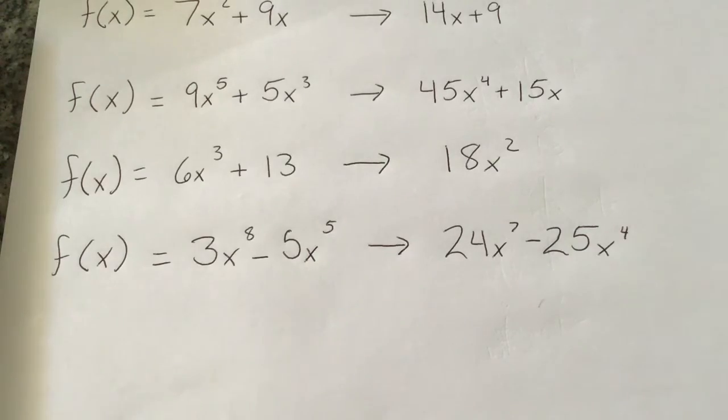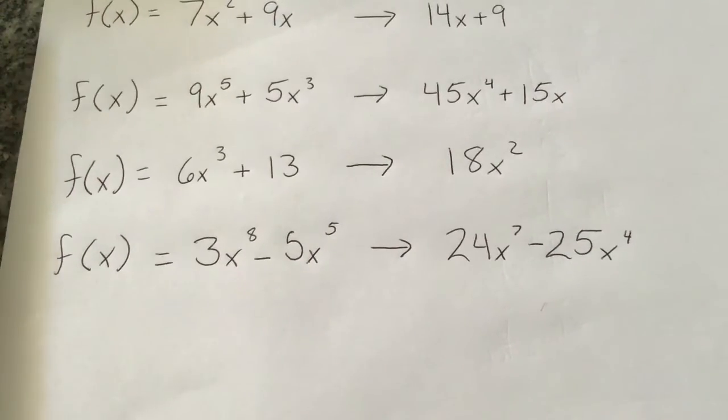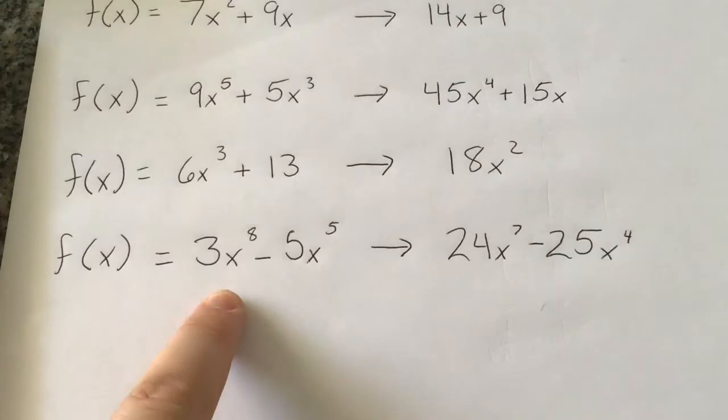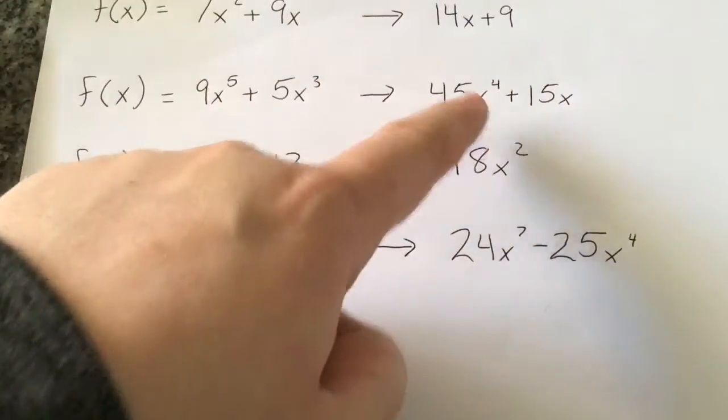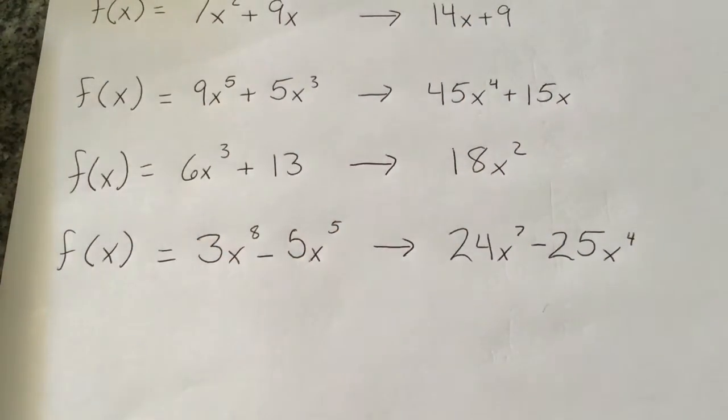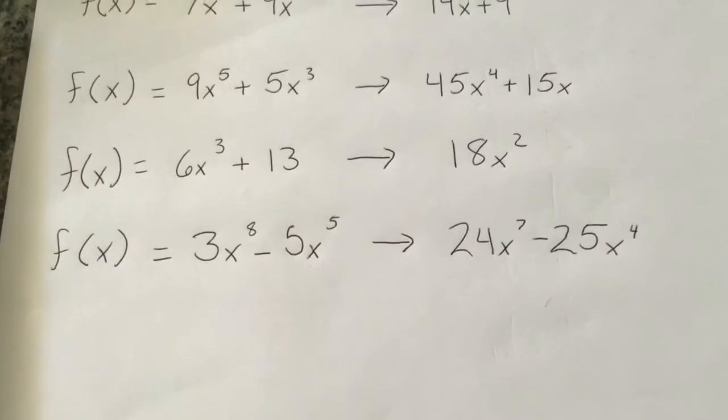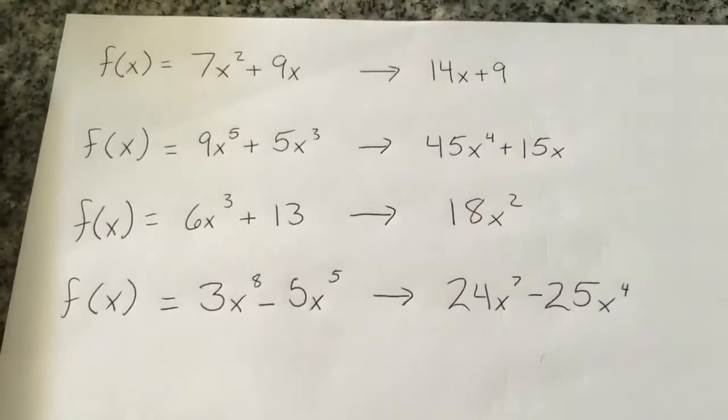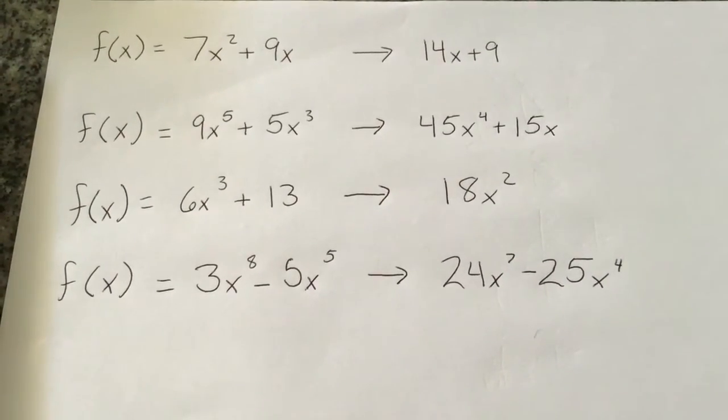Now, what I've got before us here is four functions. On the left are four original functions, and on the right are the derivatives of those functions. What I want you to do is take a look at this and pause the video here in a second if you want, but I want you to see if you notice a pattern between these four functions and their derivatives.